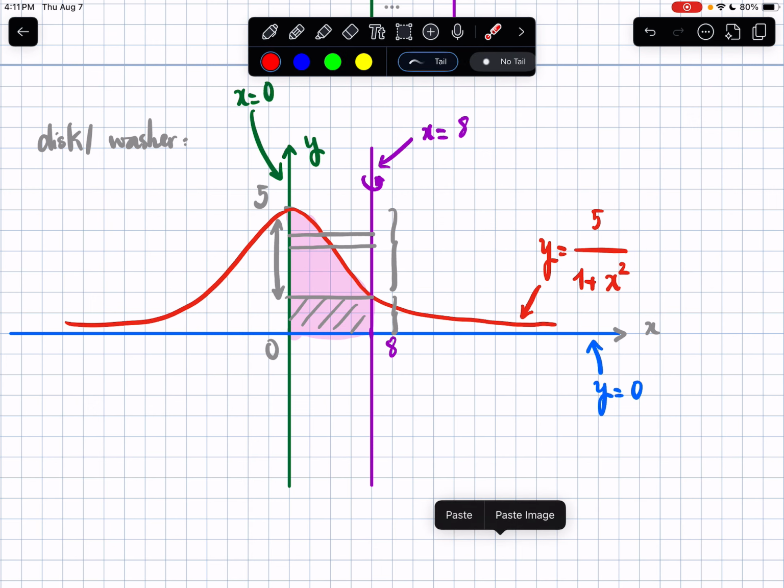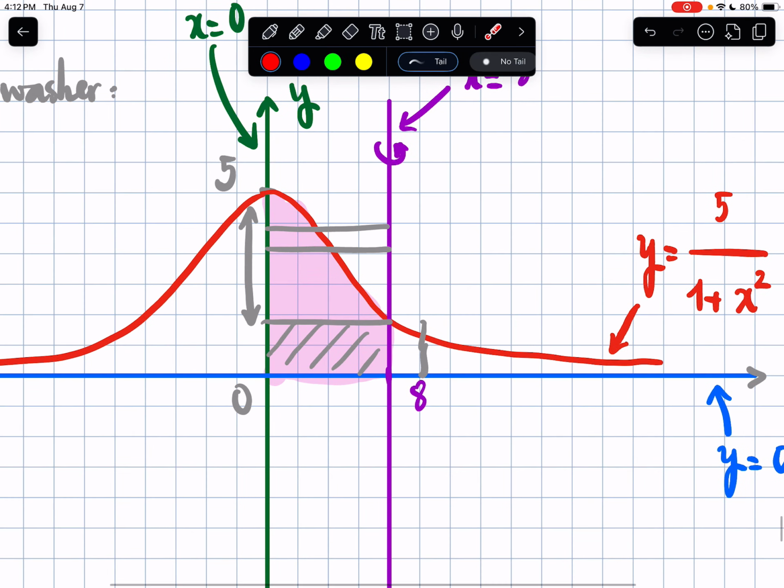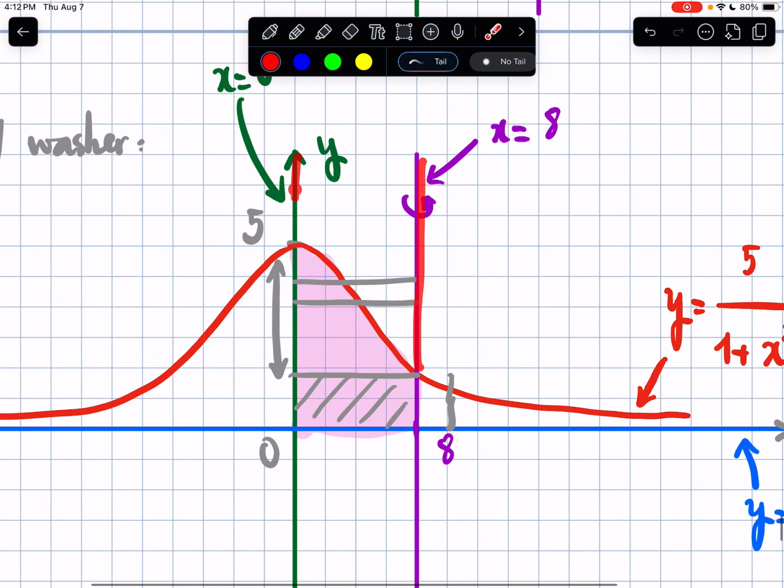For the part above this line, since we slice perpendicular to the axis of revolution, and the axis of revolution x equals 8 is parallel to the y-axis, we have a partition of this segment. Each piece has length delta y, and when delta y tends to 0, we have dy.